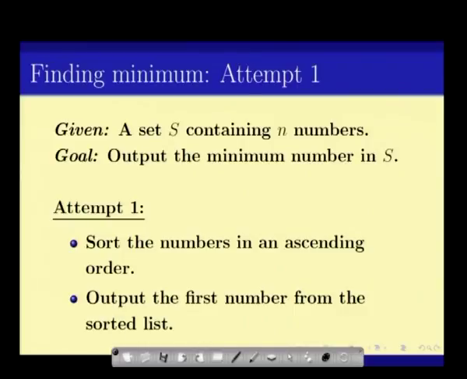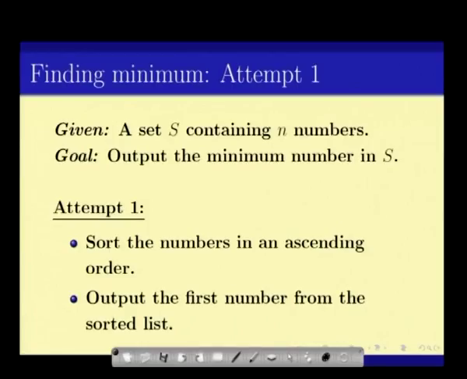Now that we have a very good understanding of sorting, we can use our favorite algorithm, say merge sort or heap sort, and we sort the numbers in S in an ascending order. Then all we need to do is output the first element, because note that the first element will be the minimum in that set.